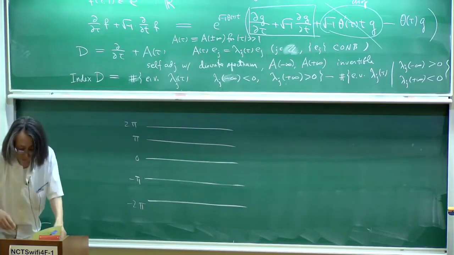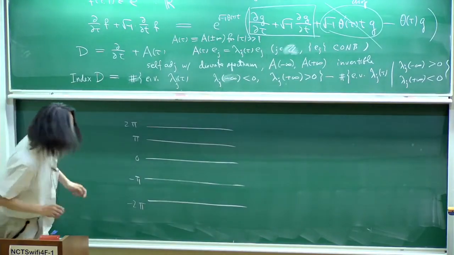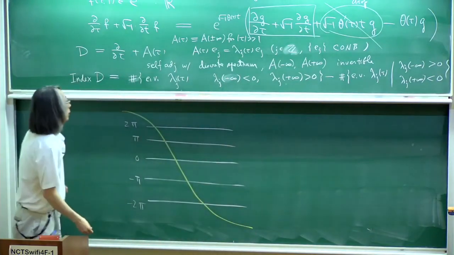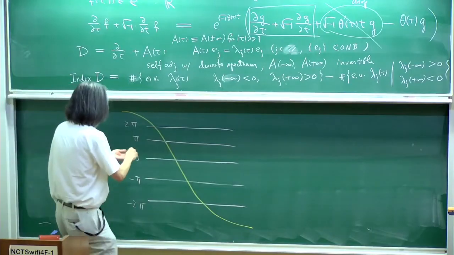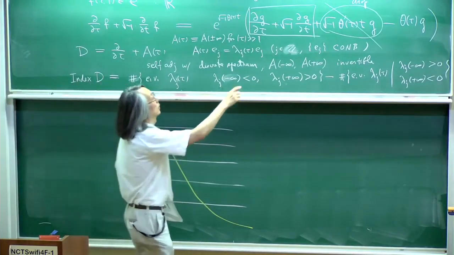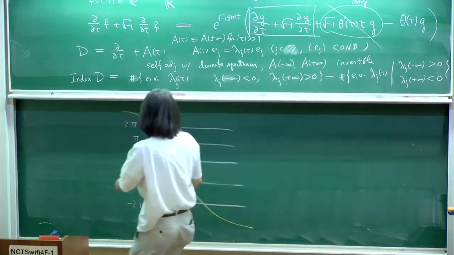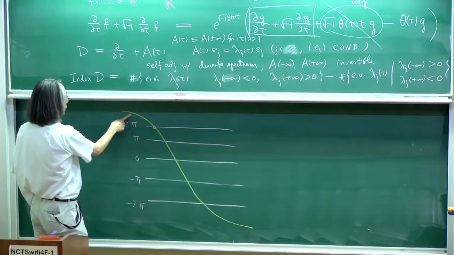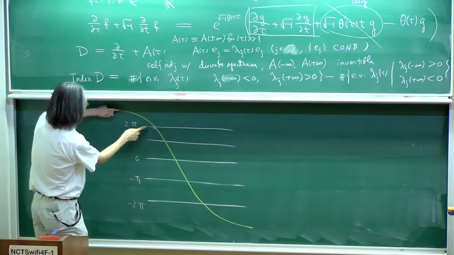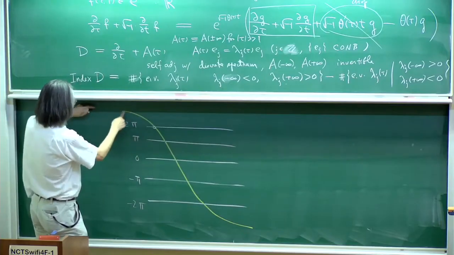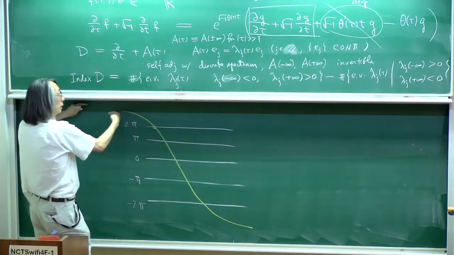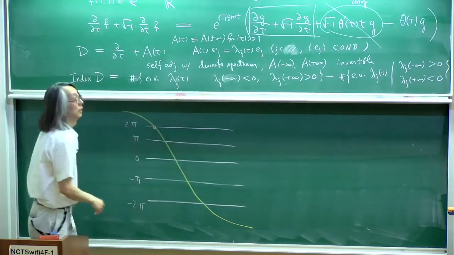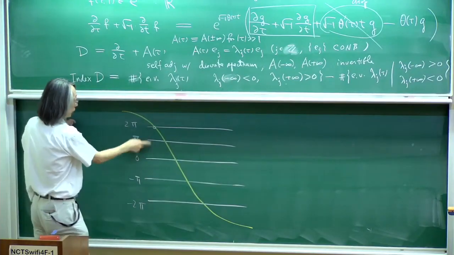Let's suppose that theta is something like this. Then for this, I mean pi Z minus theta, I consider 2 pi minus theta. 2 pi minus theta is 0 here, but here 2 pi minus theta is negative. So corresponding to this eigenvalue, the branch of this eigenvalue is negative here and positive here. Therefore it contributes to this part. So we have such a contribution for each intersection point.